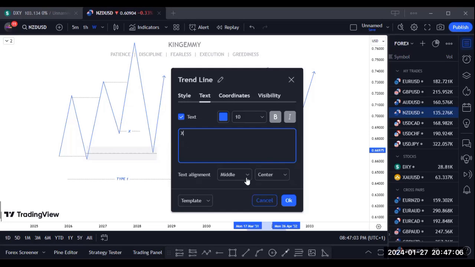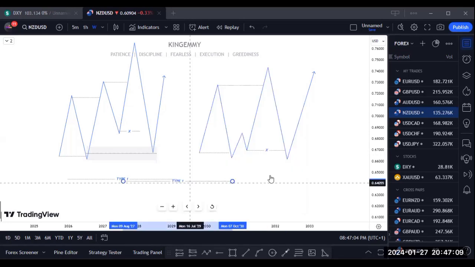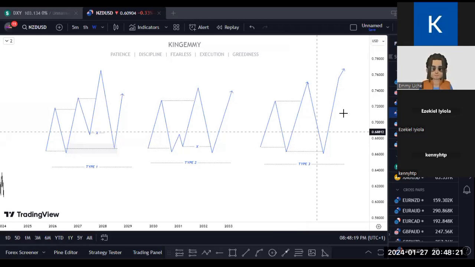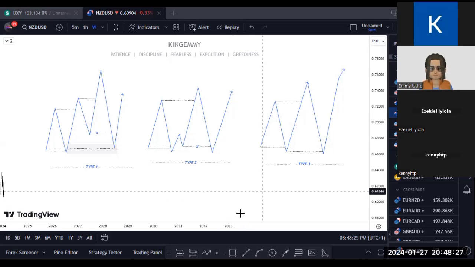So this entry model, whatever that is, is liquid gold, all right? You can use it, you can bank on it, you can back test it.